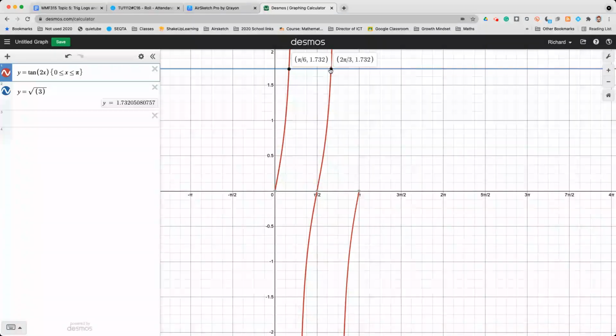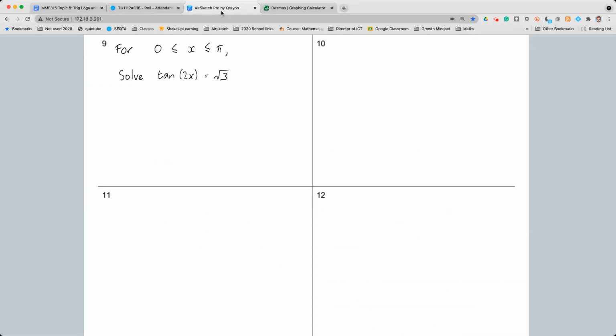How do we go about calculating 2 solutions? We do it like this. We do a bit of a shifty. We say let theta equal 2x. Now, what does that mean about the domain? If this is now 2x, then I am going to double the endpoints of the domain.